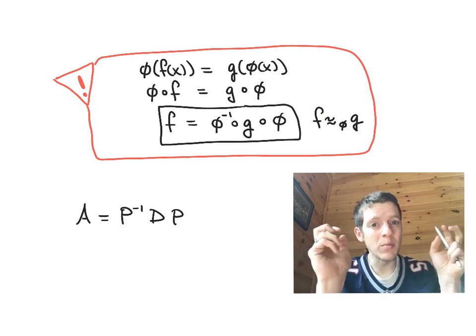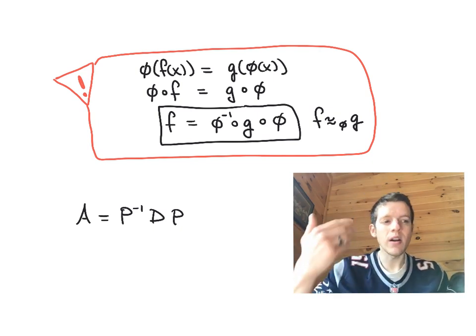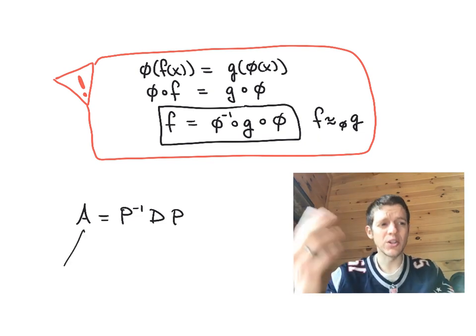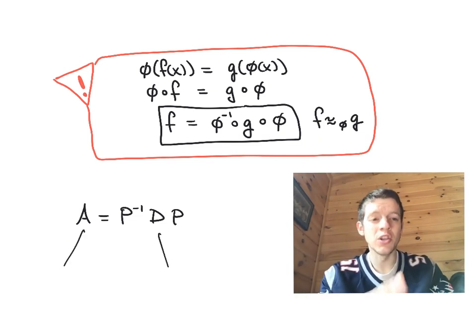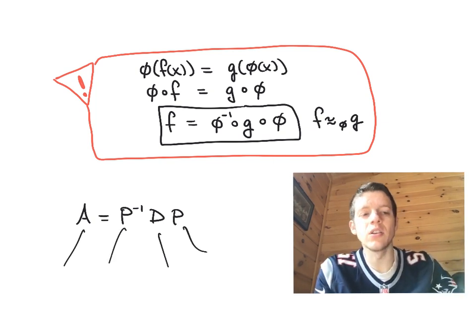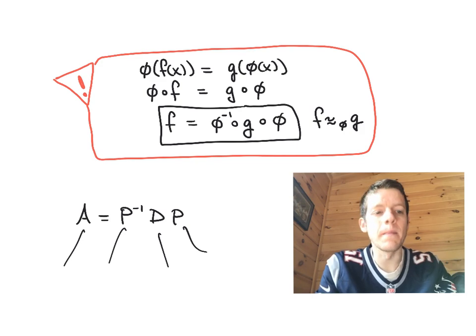So in our context, the A, the original matrix you started with, that's your function f. The D is the function g that we want to actually study. That'll be easier for us. And the P inverse is your phi, your homeomorphism.